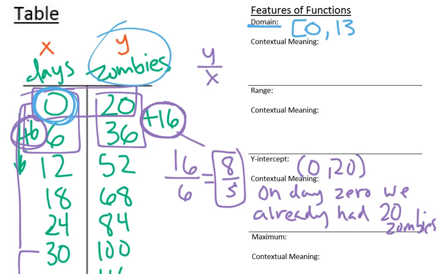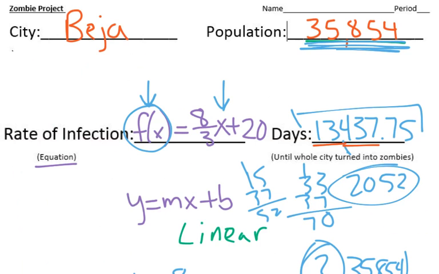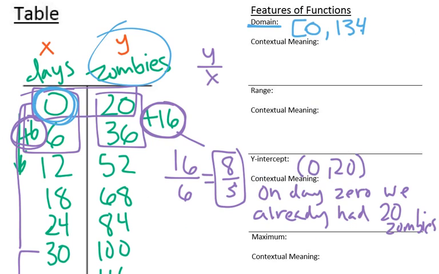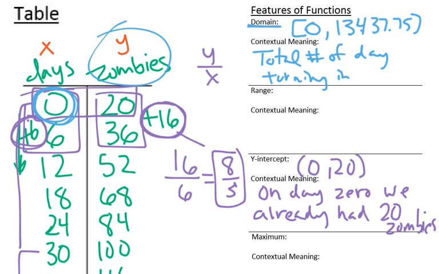So that would be my domain. 13,437.75. So what does that mean? You know, total number of days people are turning into zombies. That's what it means according to my information.